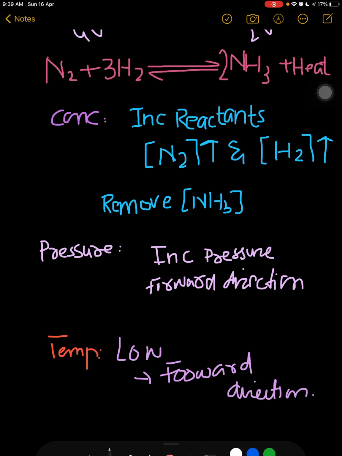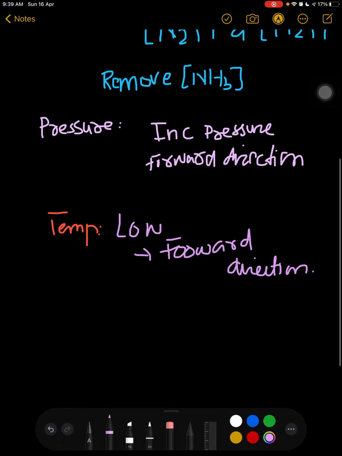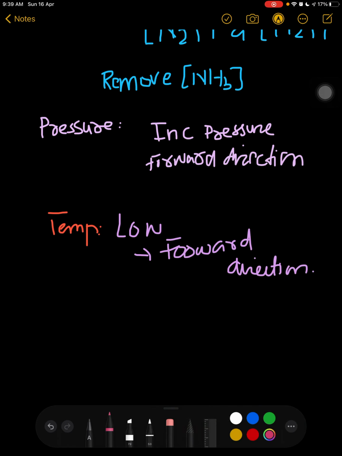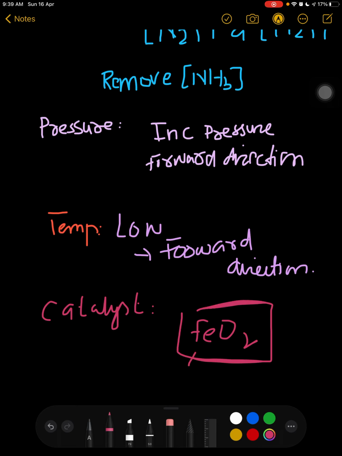Now if we talk about the catalyst, the catalyst that we will use for the maximum yield will be Fe, ferrous oxide, right? Ferrous oxide will be the catalyst used to give us the maximum yield in the minimum time.